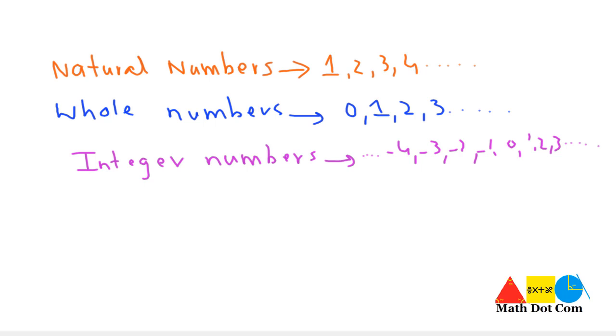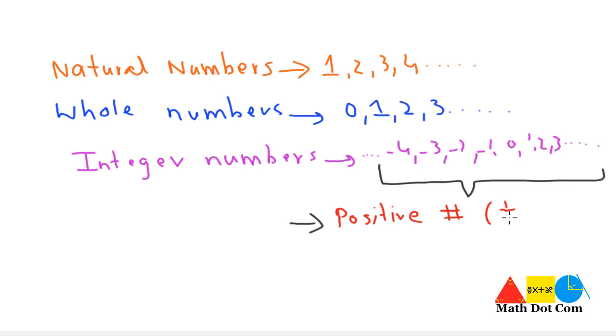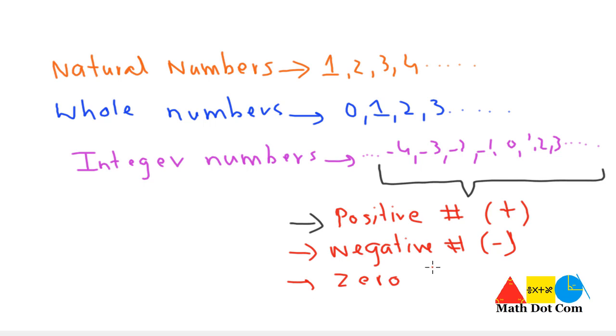So it has three types of numbers: positive numbers, negative numbers, and 0. Okay, so this was the concept of integers, and how it differs from the natural counting numbers and the whole numbers.